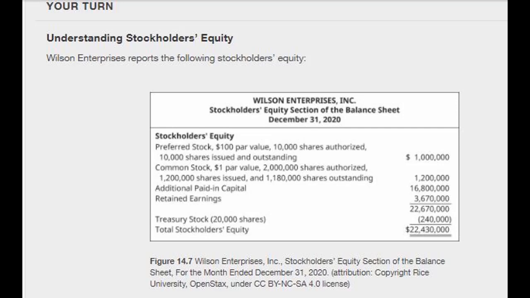And just like an allowance for doubtful accounts is a negative receivable balance, treasury stock here is a negative equity value balance.